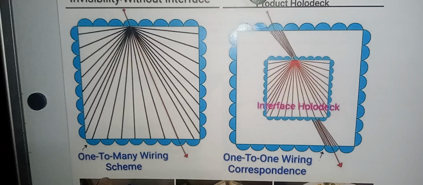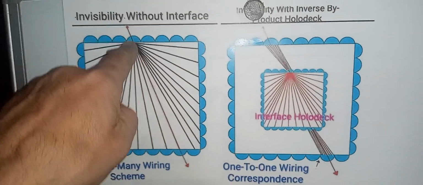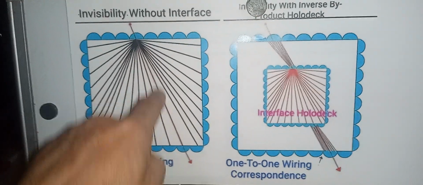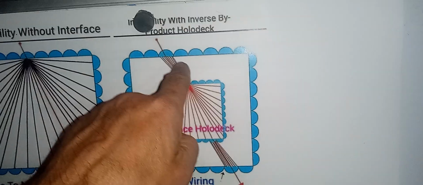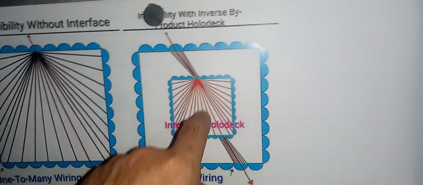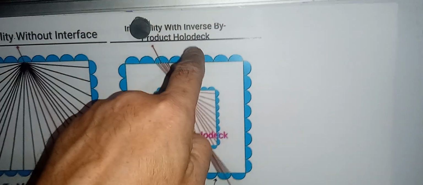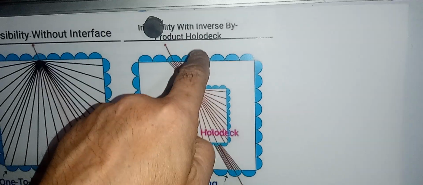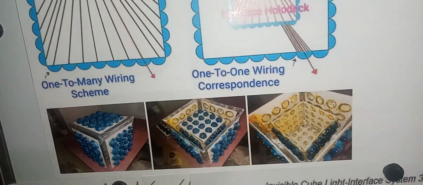And this is a one-to-many wiring scheme where one pixel is a 3D pixel and is lined up with all these others. And this is the one-to-one correspondence with the light interface, which makes the interface a holodeck. Invisibility with inverse byproduct holodeck. Invisibility without the interface. And these are models I made a few years ago.